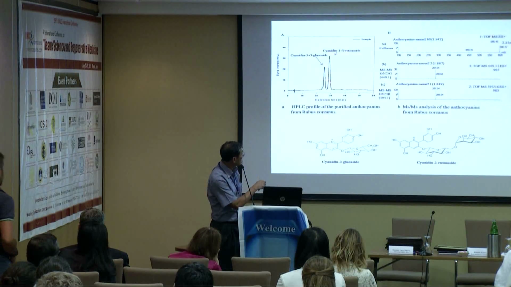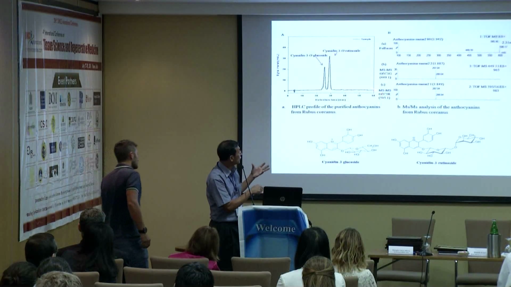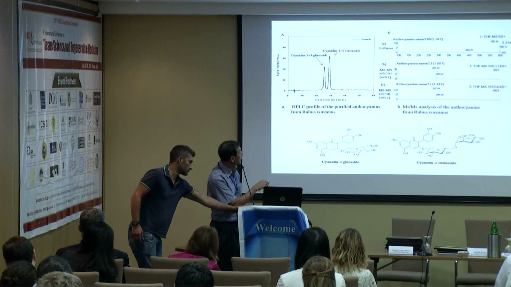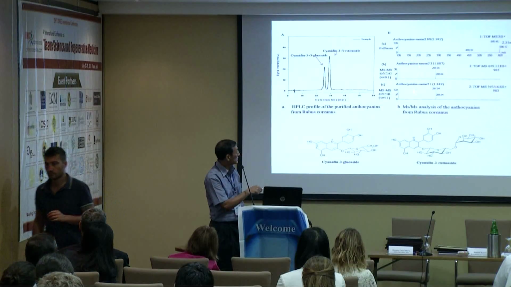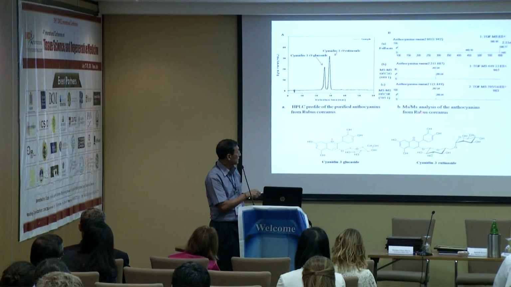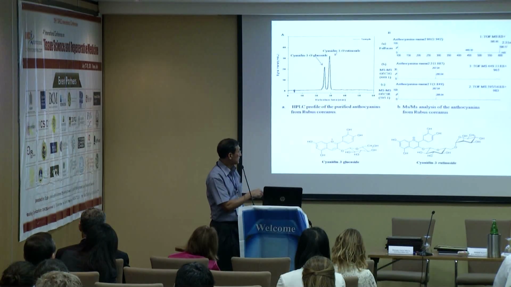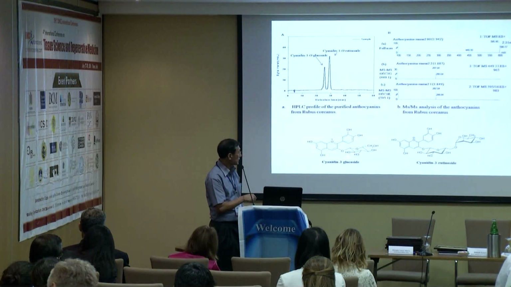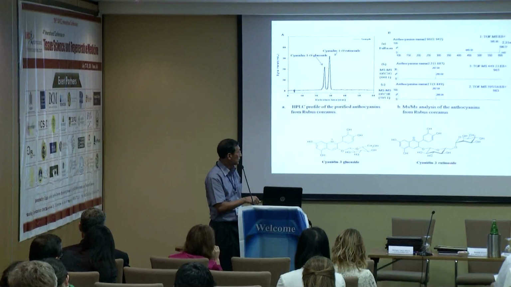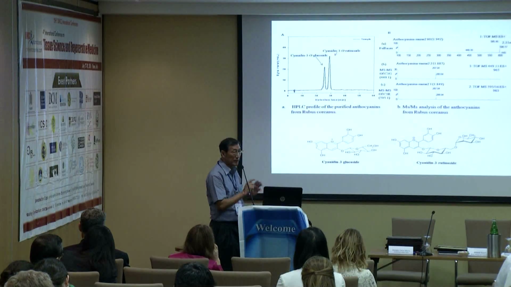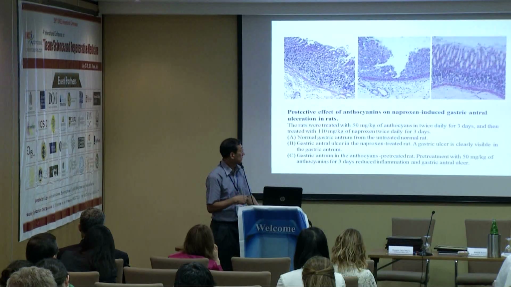We isolated it from the black rice using MS, and the result shows that cyanidin 3-glucoside and cyanidin 3-luteinoside are the main components in black rice in our case.